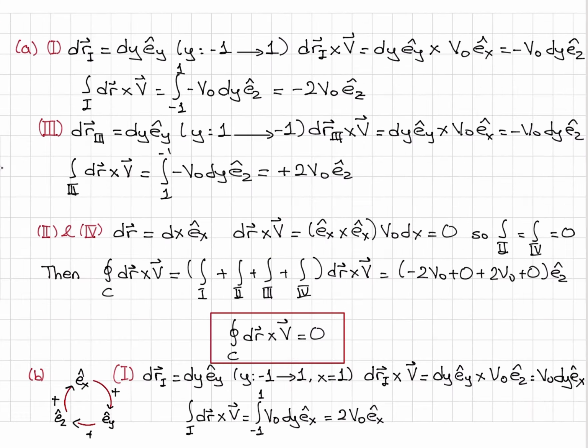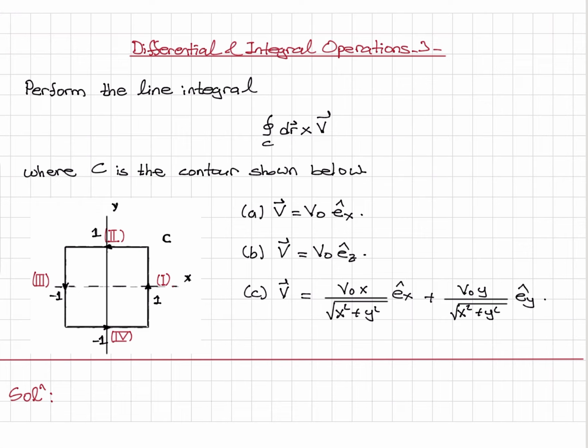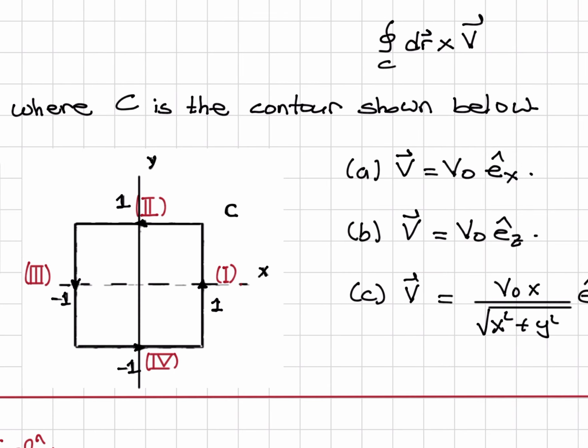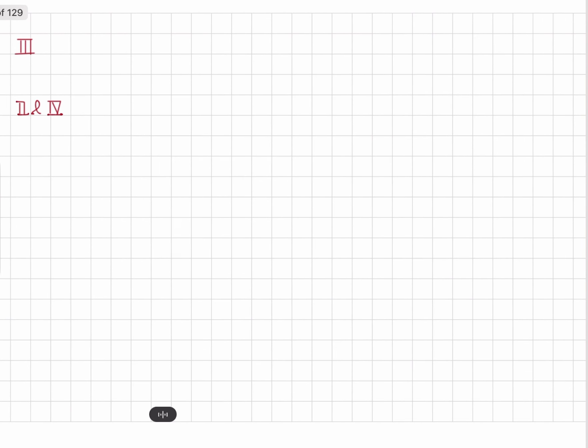All right, now we're moving on to segment 3. On segment 3, we have again dy ey hat, but y goes from plus 1 to minus 1, and x is fixed at minus 1.